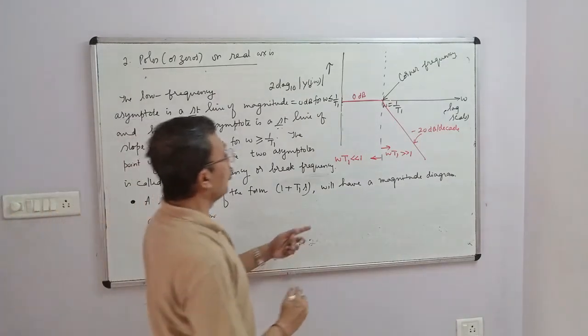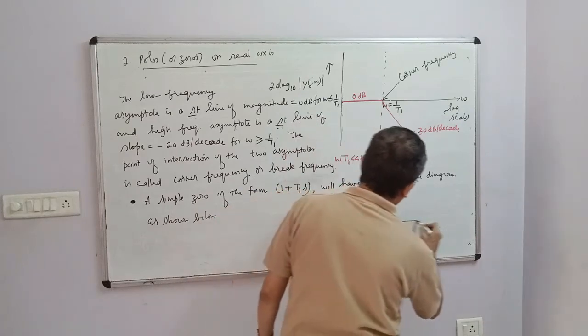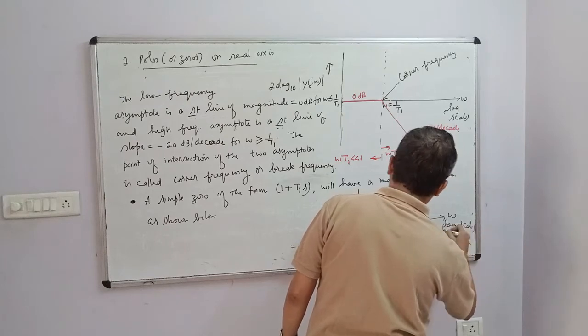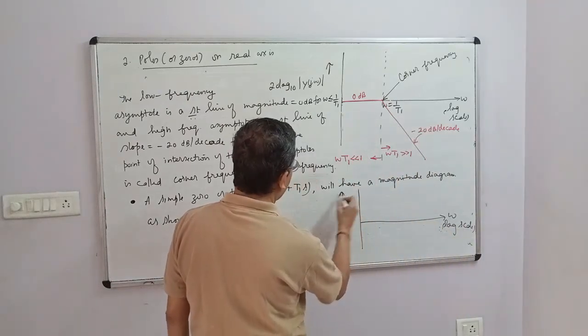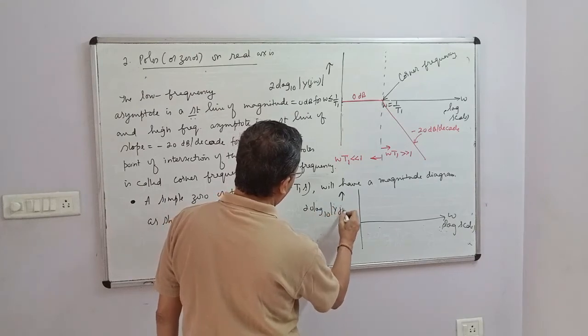See, instead of slope being minus 20, it will be plus 20. Y-axis is 20 log to base 10 magnitude of y of j omega.